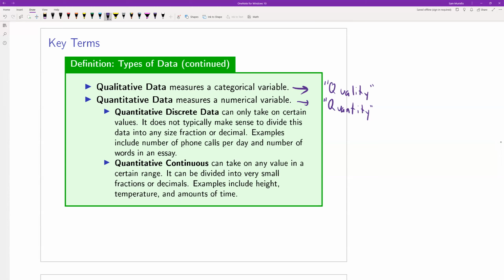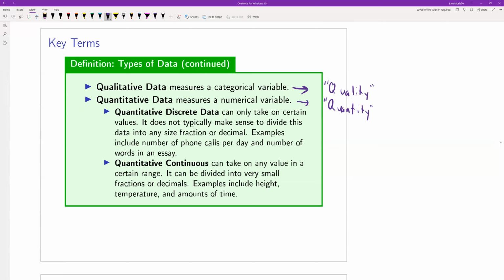Doesn't really make sense to talk about half a phone call or 0.7 of a phone call. You have a whole number of phone calls. Even if one is shorter than the other, they're still all phone calls. And so you're just counting up the whole number. Because we can't have half a phone call or 0.7 of a phone call, that's what makes it discrete.